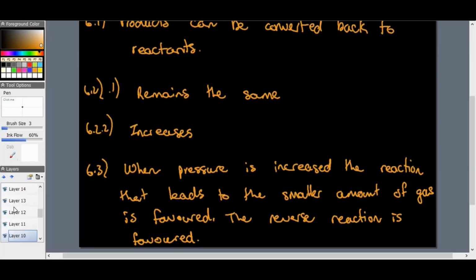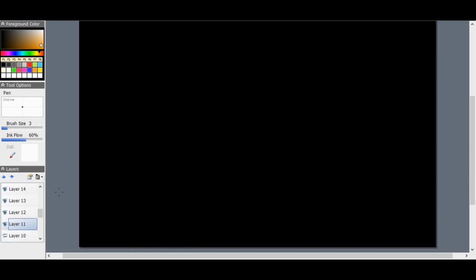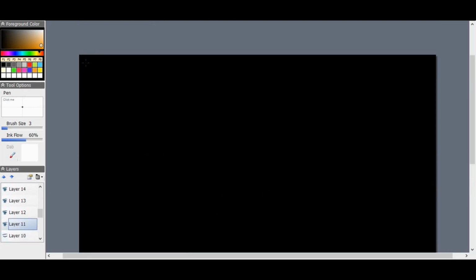So 6.4, you can explain it in 2 ways. First of all, it is endothermic. Now, we can explain it in 1 of 2 ways. First of all, we know it's a decrease. So we can either explain it for the decrease in temperature or for the increase in temperature first.